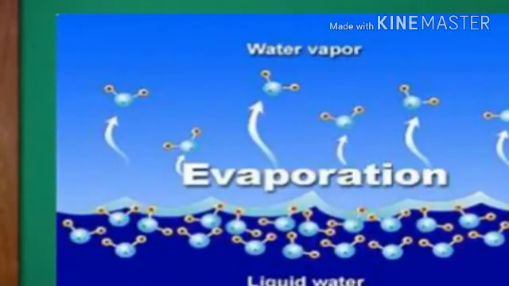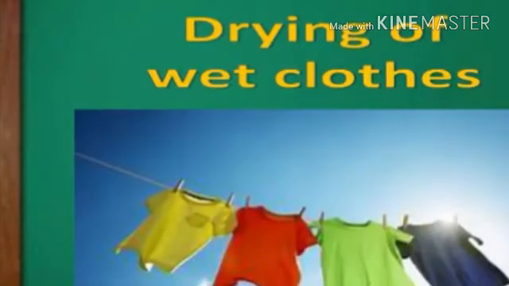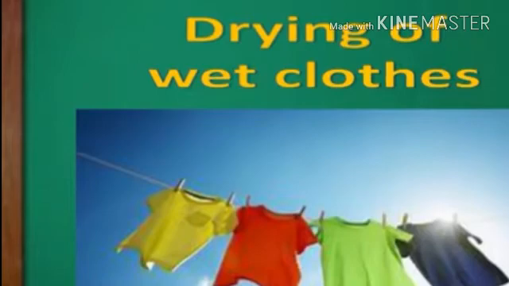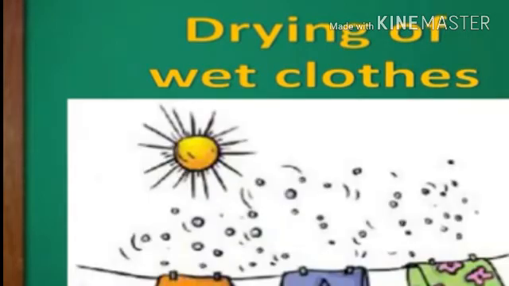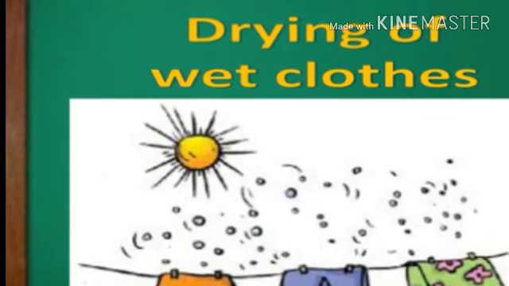We already know that evaporation means the water molecules become gaseous form. When you dry clothes under sunlight, by the evaporation process they lose the water molecules in the form of vapor, so that your wet clothes become dry. This is the science behind the drying of clothes. The sun's heat evaporates the water present in the wet clothes, so that our clothes become dry.